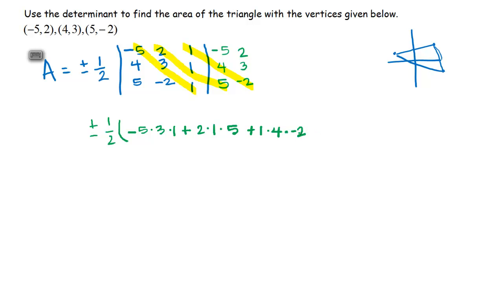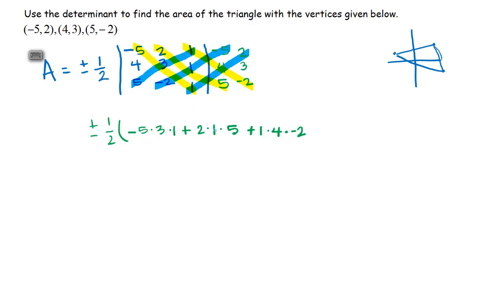Okay, so I'm going to take all that and I'm going to subtract from it, let me change colors here, let's go with this light blue, this times this times this, plus this times this times this, plus this times this times this. So it looks kind of messy.